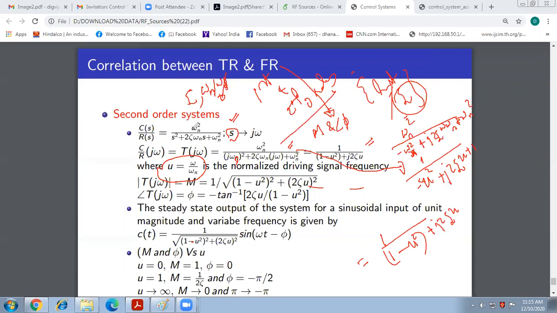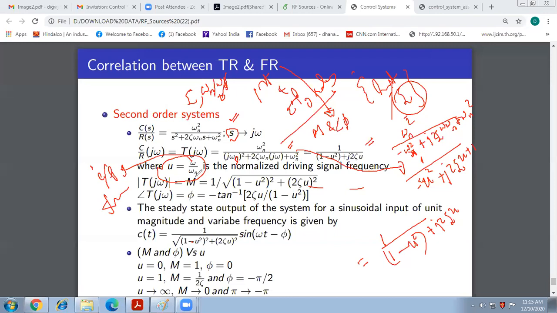So our sinusoidal transfer function I have now replaced in terms of a normalized frequency u, given by omega divided by omega n. What is omega here? Omega is the frequency of the input signal, the input frequency. And what is omega n? Is omega n dependent on input?